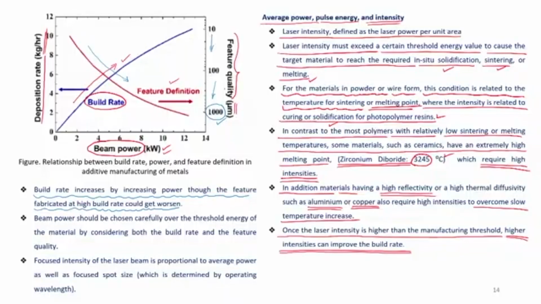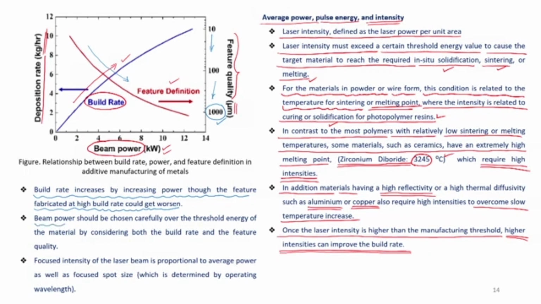So, when we are applying higher laser powers, the quality is getting worsened, the feature is getting worsened, the amount of deposition is very high. So, that has been noticed over here. As we increase the beam power, the feature sizes are getting increased, the deposition is getting increased, but as far as the feature quality is concerned, it is getting reduced.